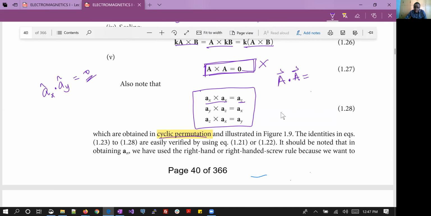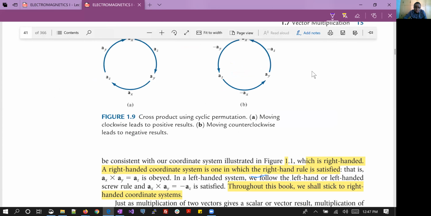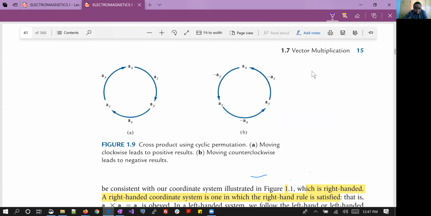AY cross AZ is equal to AX, and AZ cross AX equals AY. We are calling this a right-handed coordinate system. We are drawing them on a circle, following each other just the way they follow each other in the alphabet: X, Y, Z. Assume you are forming a circle. After you have gone to Z, you go back to X.